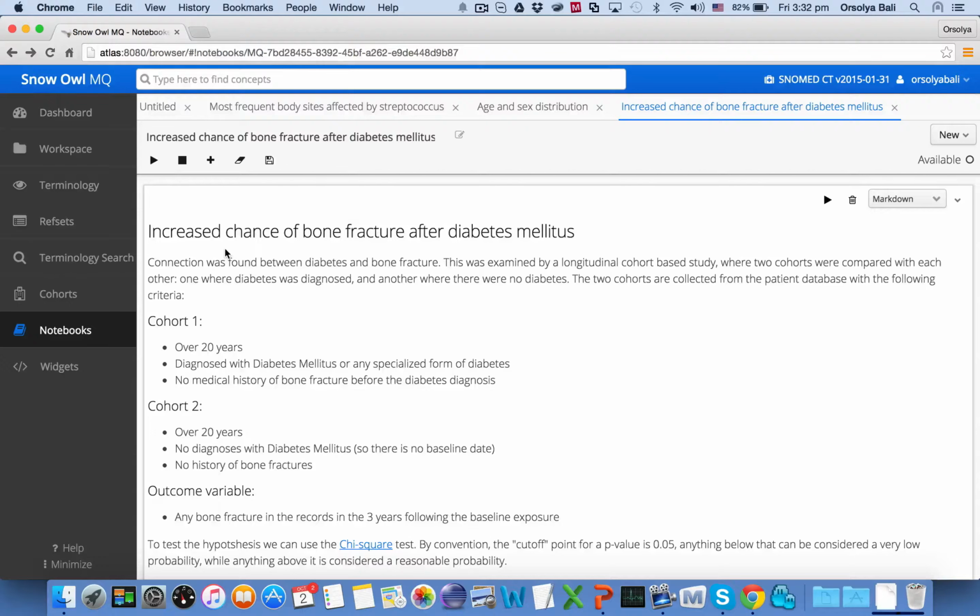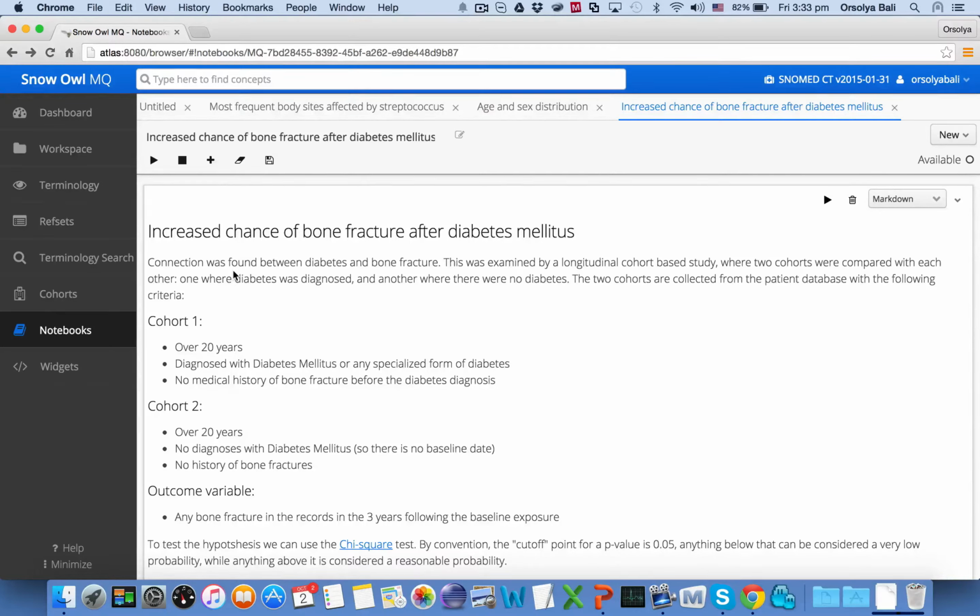The only thing that we care about is it should be bone and it should be a fracture. So from all these different hierarchies of the different types of fractures, we can collect everything into this one concept set. And the two cohorts that we have, the diabetic group and the control group, we're checking for the occurrence of bone fracture. And this is what we're doing using the cohort building UI and this notebook page.